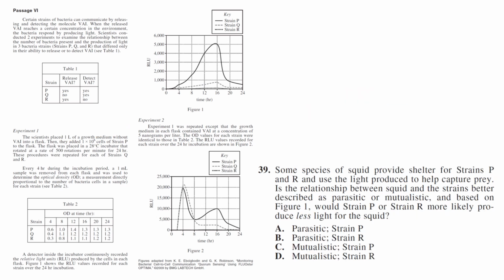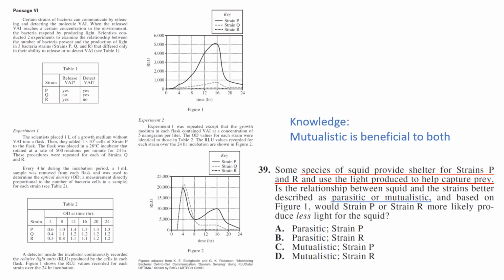J. Number 39. Some species of squid provide shelter for strains P and R and use the light produced to help capture prey. Okay. Is the relationship between squid and strains parasitic or mutualistic? A little bit of knowledge here. You have to know that mutualistic is beneficial to both, parasitic is beneficial to one.